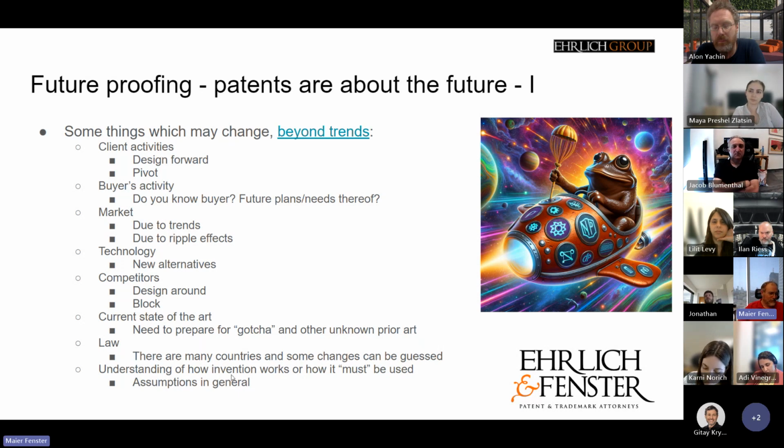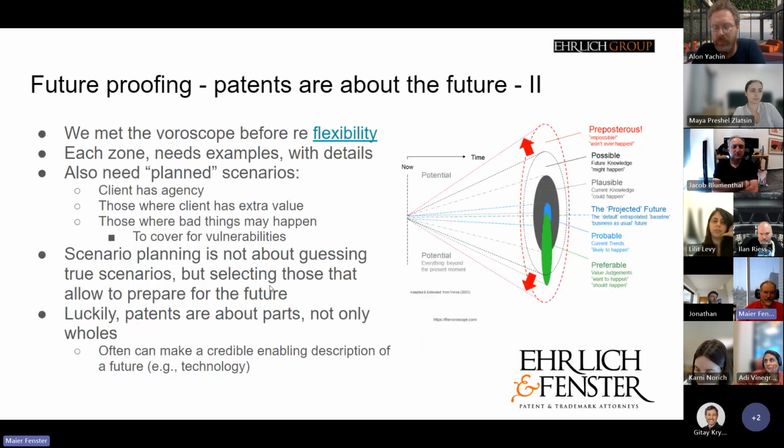And of course, there's all sorts of assumptions that might be wrong, and the biggest assumption, which is probably wrong, is how the invention works and how the invention must be used. So you have to assume that's going to change, and you have to describe alternatives and details.